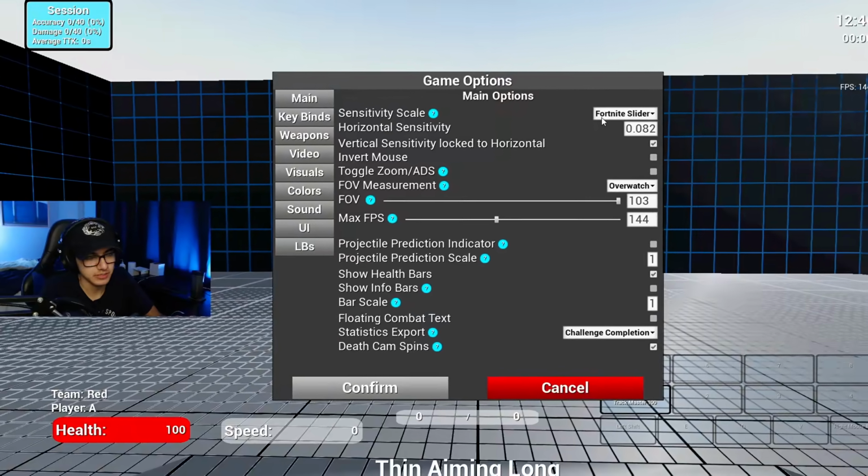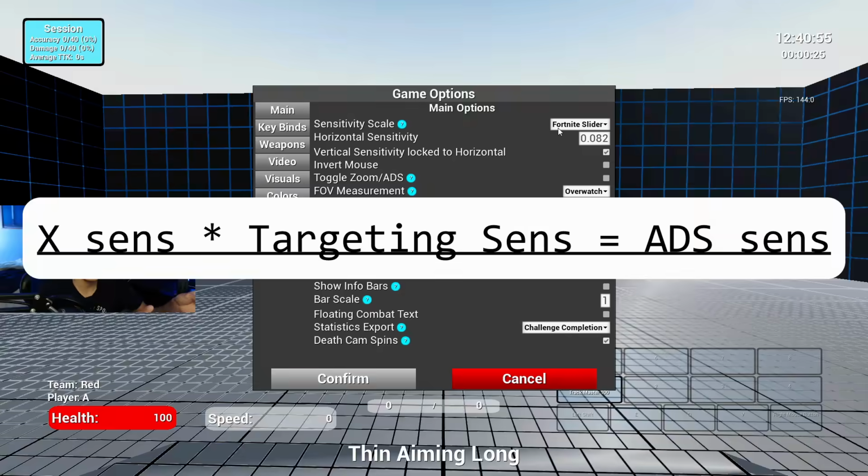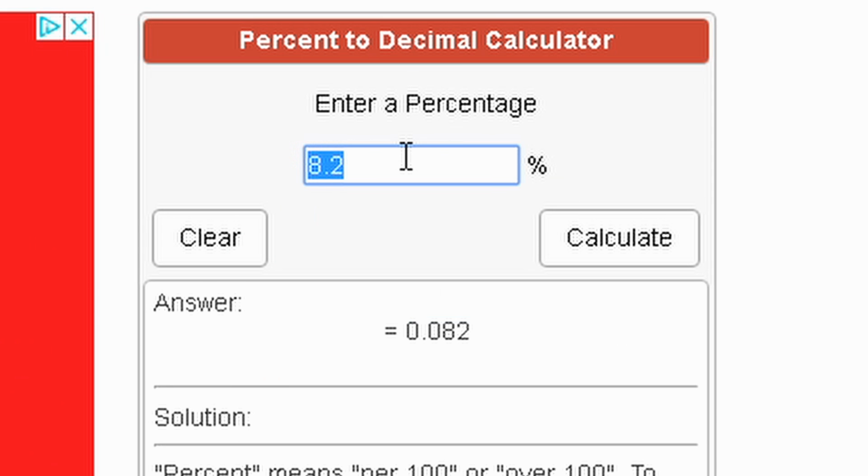To get ADS sensitivity, you need to multiply your X and Y sensitivity, assuming those are both the same, by your targeting sensitivity in Fortnite. For me, if you remember, my X and Y was 8.2%, and in decimal form it was 0.082.